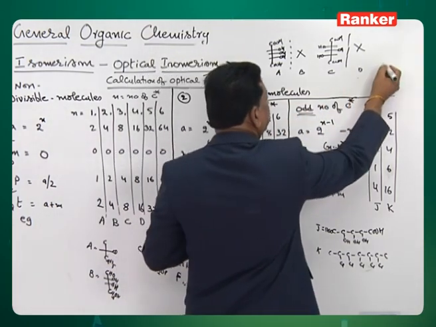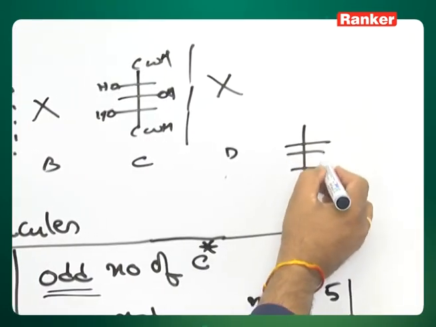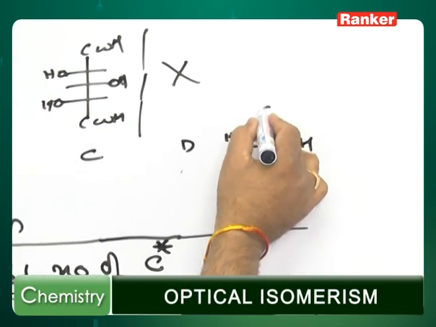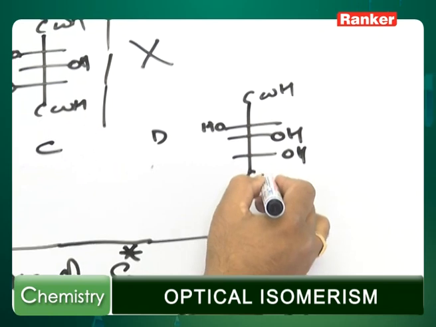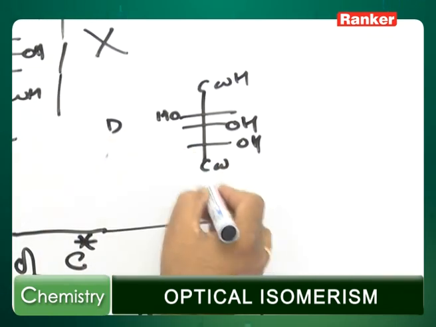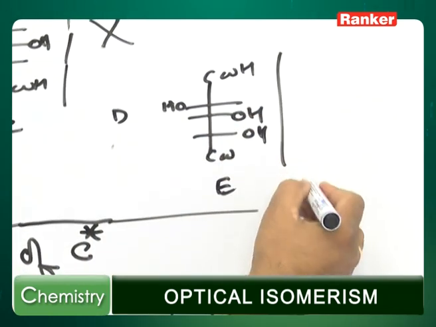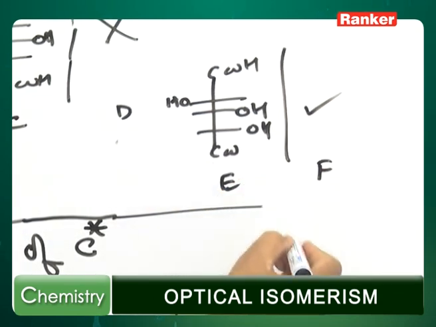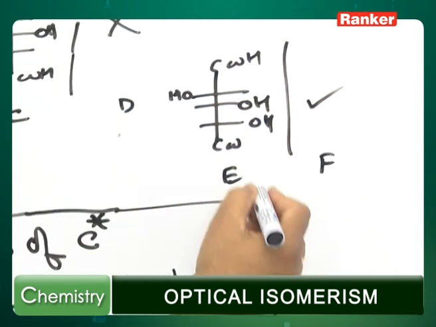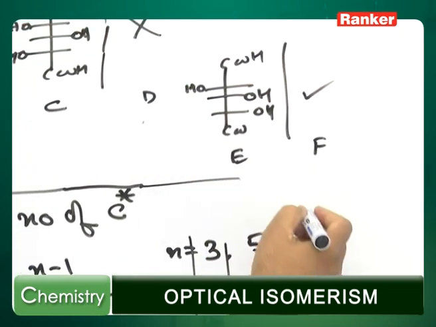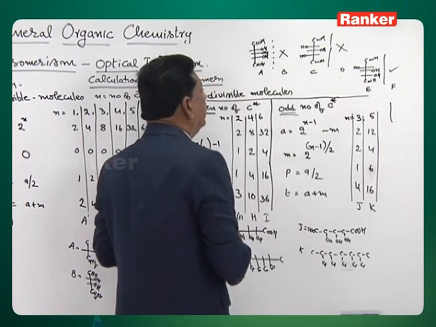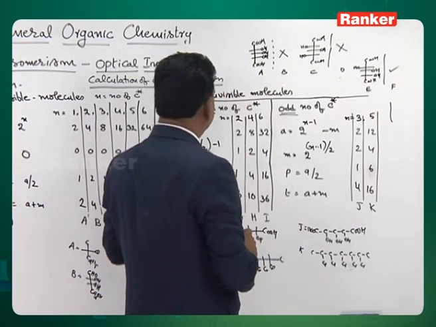Its mirror images are duplicates or the same compound. But whereas if the compound has 2 on one side, 1 on the other side, this compound is an optically active compound. Let us say this is E, and its mirror image is F, a totally new compound. And here the 2 ends are COOH, isn't it?